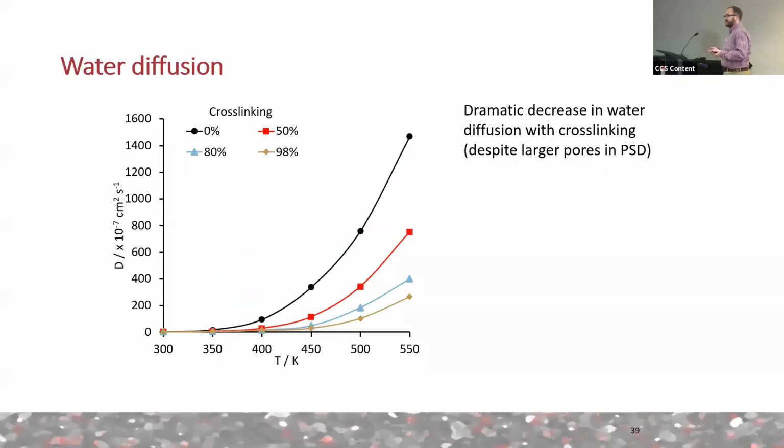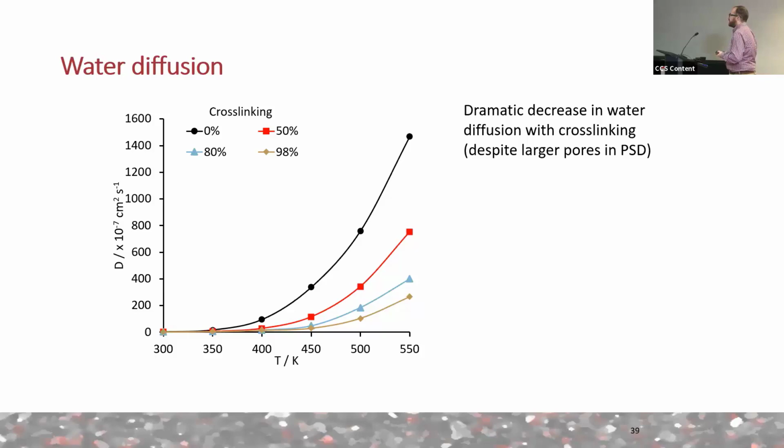So how does this relate to water diffusion, which is what we're actually interested in? Well, in all cases, as you increase the temperature, the water diffusion rate increases for all cross-linking percentages. Makes sense. But as you cross-link your system, your diffusion coefficient decreases. So this is the opposite trend to the one I just talked about with your free volume.